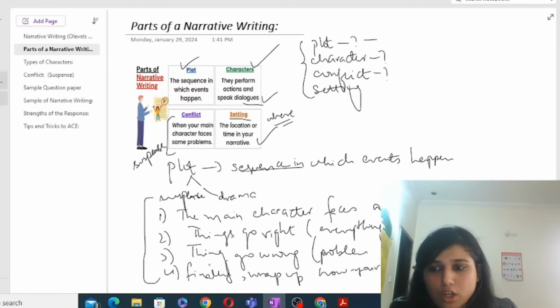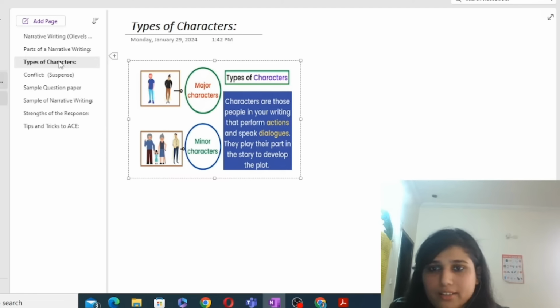Okay, moving on, let's talk about the characters now. I have made the types of characters which I'm going to show you. For me, characters are the most important part. Characters are what your readers remember.